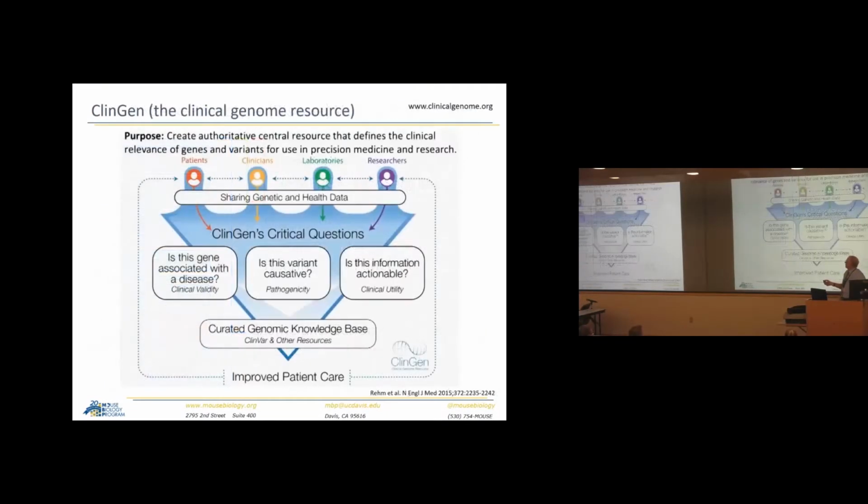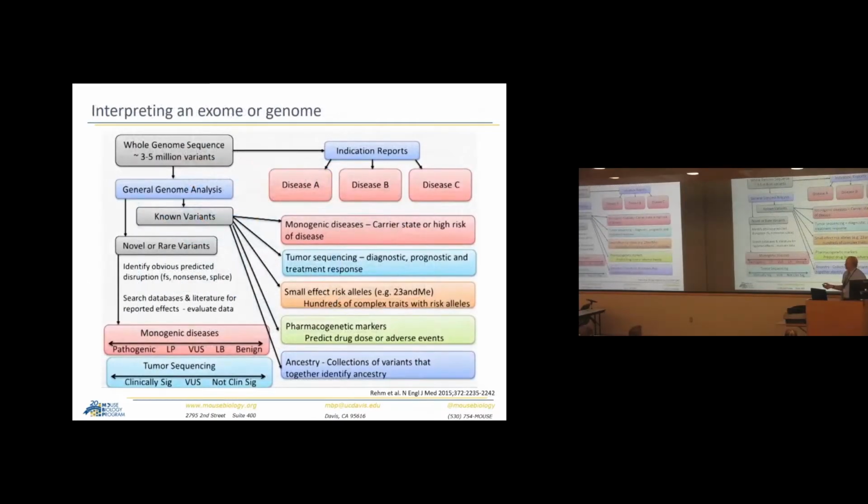But then there's going to be a selection of those that are novel or rare, and when we talk about monogenic diseases, they can follow a spectrum from highly pathogenic to benign, across the entire spectrum. The real issues here are these VUSs, these variants of unknown significance. And you have the same type of interpretation of tumor sequencing, although they usually divide them between clinically significant and clinically not significant.